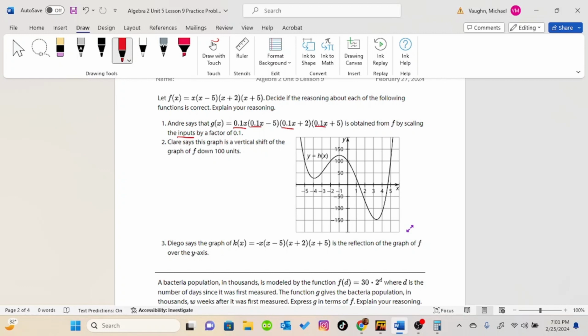So number 1 is true because x has been replaced by the scaling factor (0.1x).